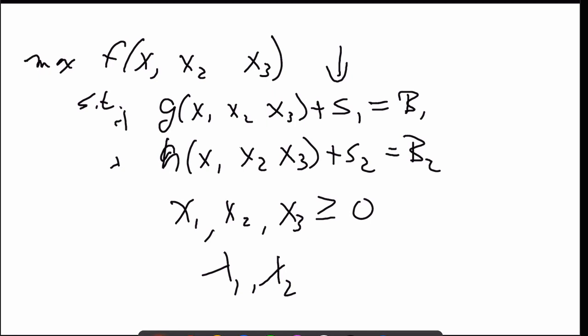Yes? I'm going to have lambdas in here. When I set this up, I'm going to have variable and variable and variable and variable and variable and I got more variables than I got equations. Okay? So I'm not going to be able to do the old school solvey thing.